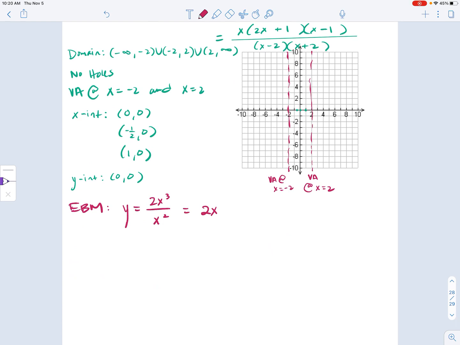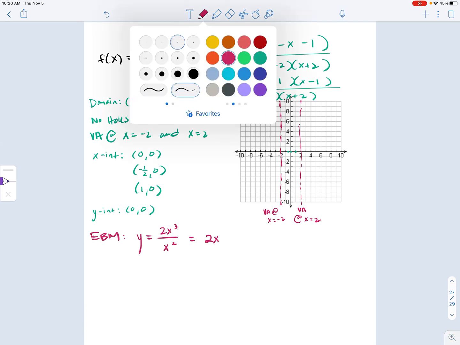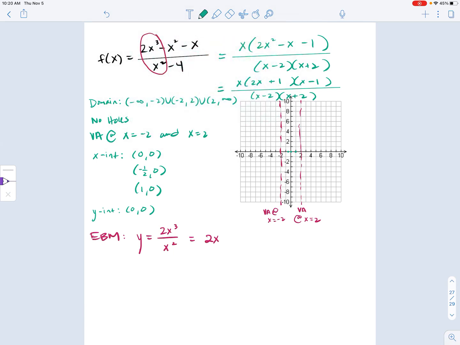And because my end behavior model is a positive sloping line, that tells me that the end behavior is like the positive sloping line y equals 2x. And if I want to get more specific, I can identify the equation of the slant asymptote by doing the polynomial long division.